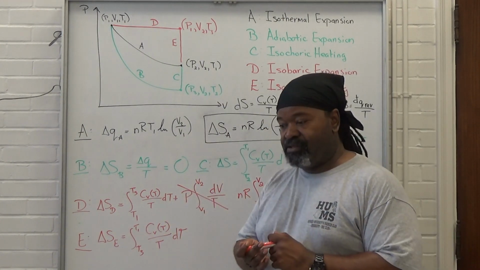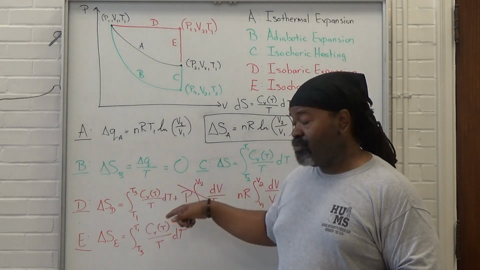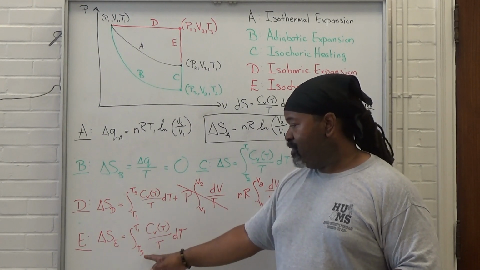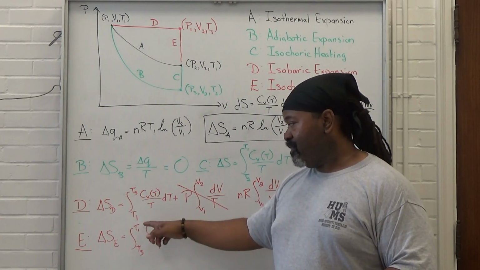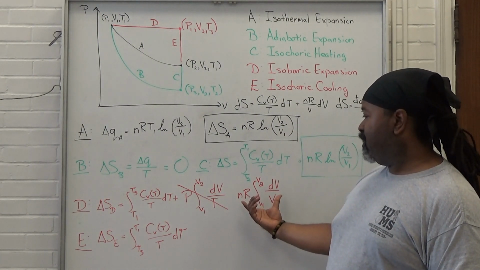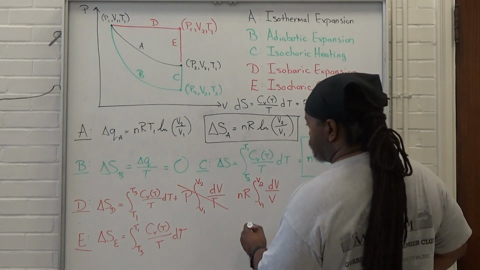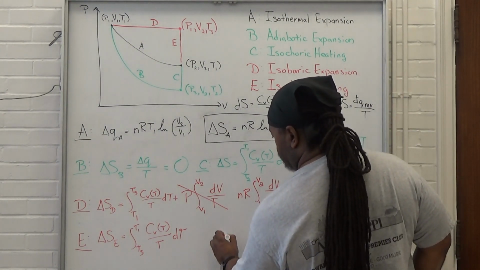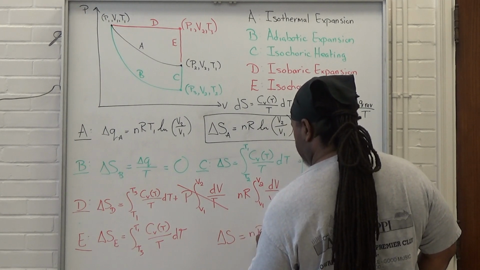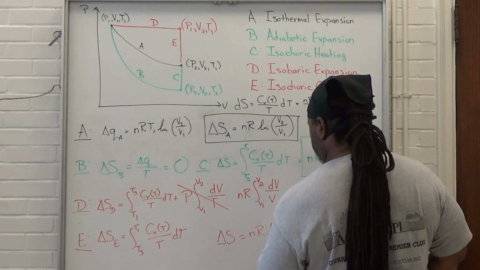If we use our calculus, this integral for part D going from T1 to T3 will cancel this integral from part E going from T3 to T1. What we're left with is integrating nR dV over V as we go from V2 to V1. And so the delta S for the entire thing ends up being nR ln V2 over V1.